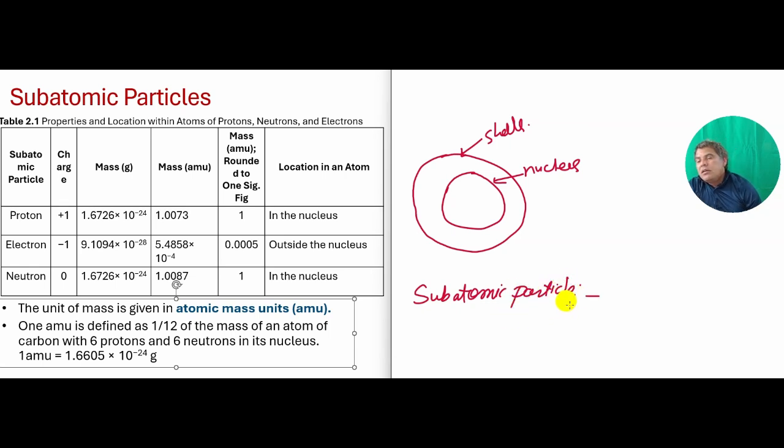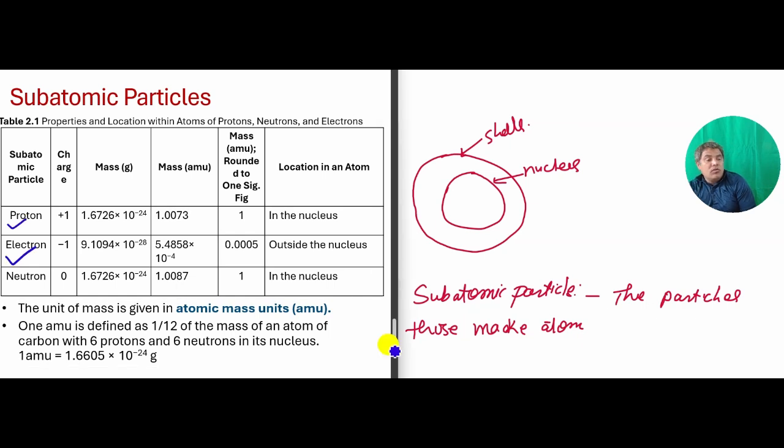Subatomic particles are those particles that make the atom, and basically there are three: proton, electron, and neutron.